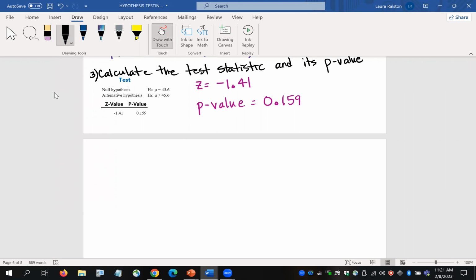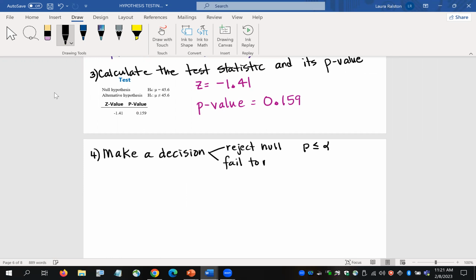Step 4 is to make my decision. Again, the decision is either to reject the null if P is less than or equal to alpha, or we fail to reject the null if P is greater than alpha.